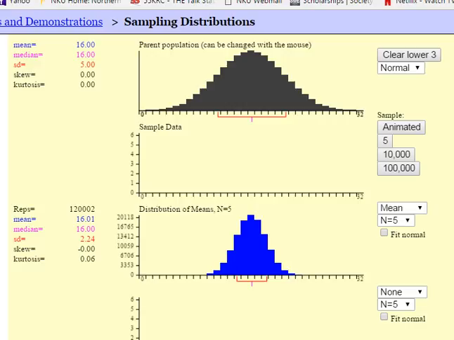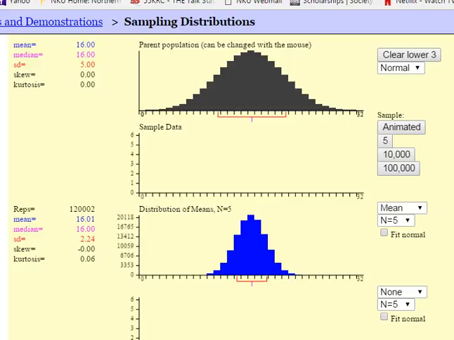Actually, if we did it more and more times, as many times as we could, that would become exactly equal. Notice the standard deviation, or the spread, of this population is greater than the spread of the sampling distribution. And actually there's an exact value. You can calculate the spread of the sampling distribution from the spread of the population.